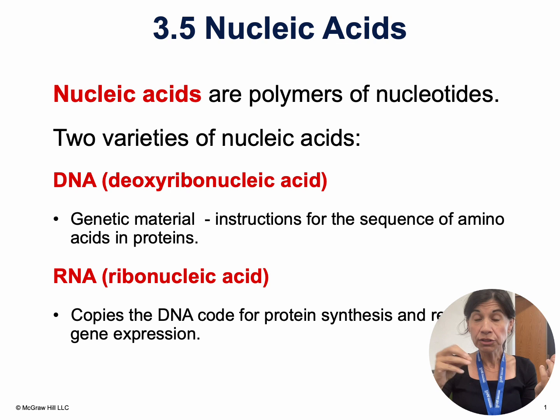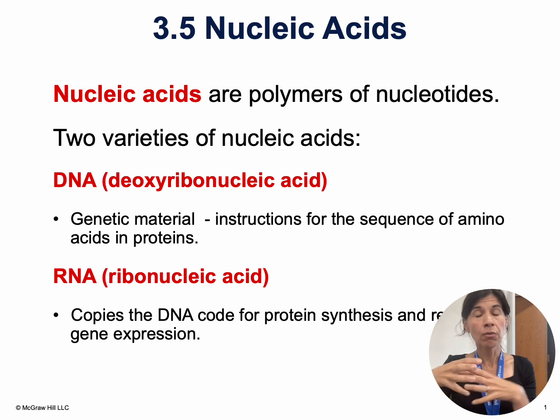It's the instructions that our cells use to know what order amino acids should be placed in when building a protein. So when we talked about proteins, we said proteins are the things that do everything in our body, and actually they're the things that give us individual characteristics.